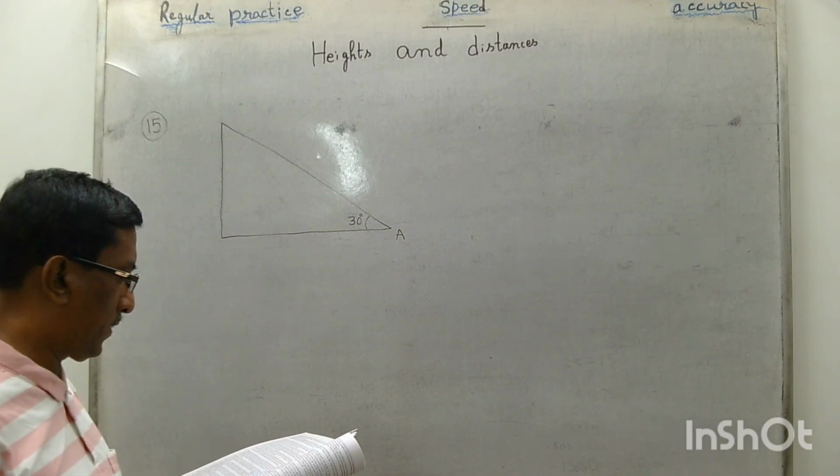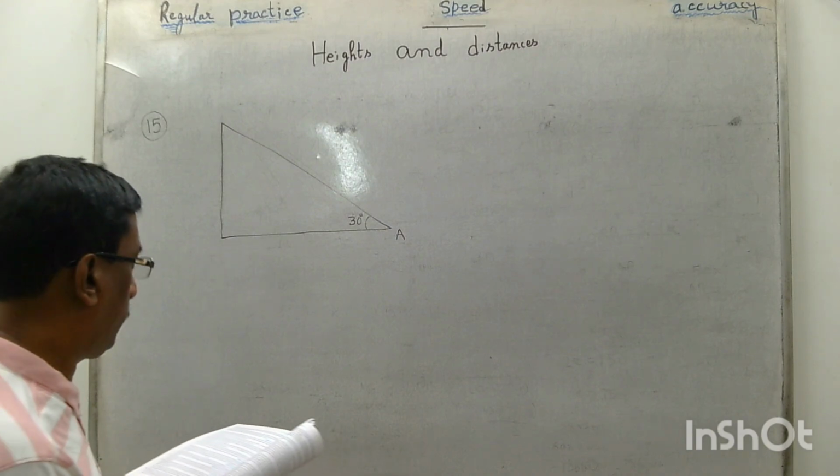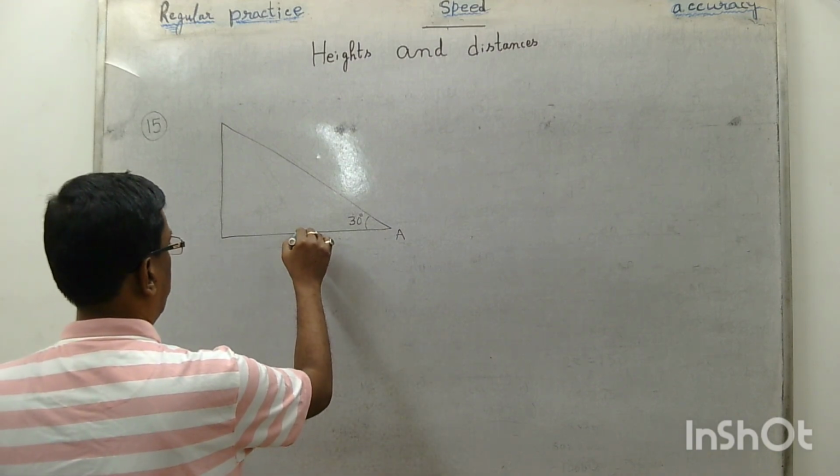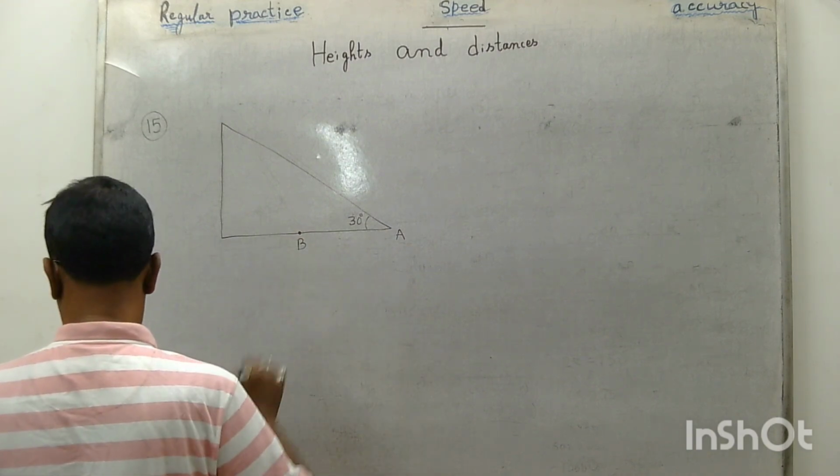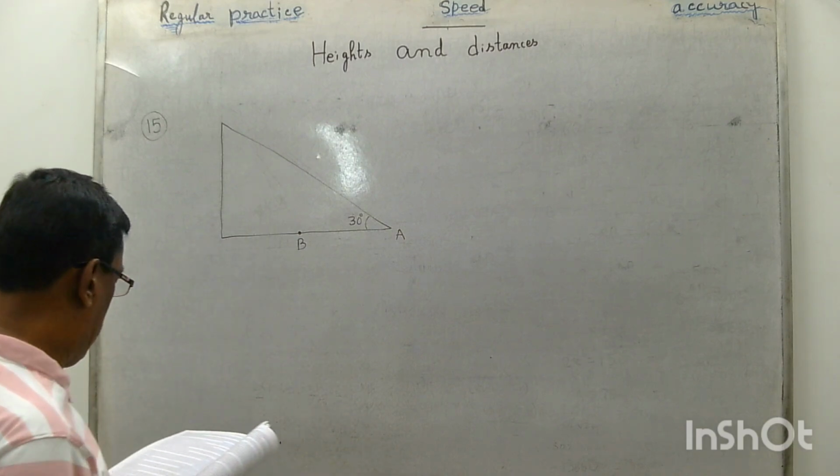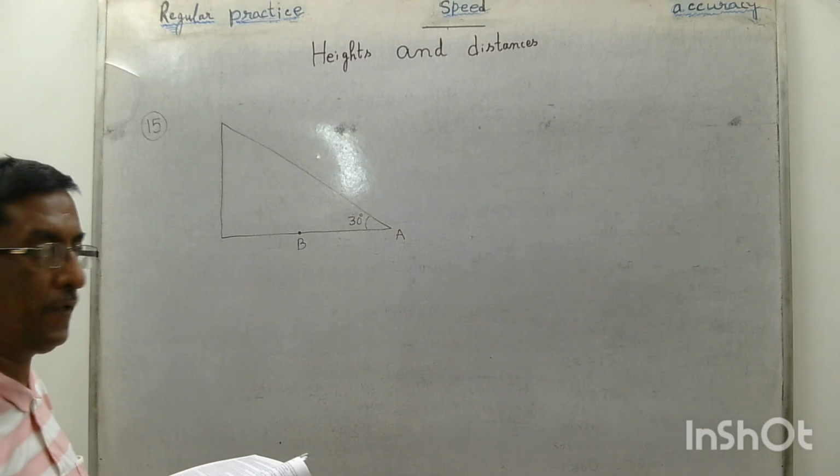Moving a distance of 20 meters towards the foot of the tower to a point B, the angle of elevation increases to 60 degree.